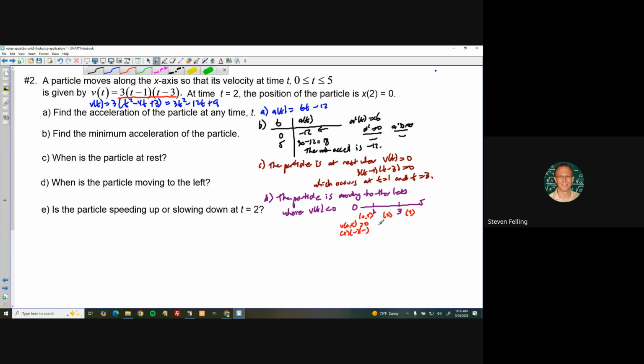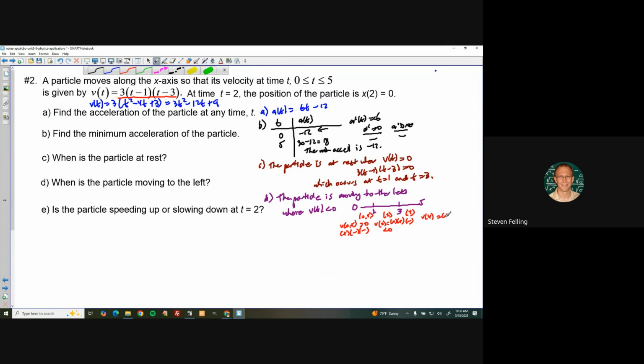And then let's see, the velocity at 2 would be, the 3 is positive. Plugging in a 2 there would give me a positive, but plugging in a 2 here will give me a negative. So that means that this is less than 0 here. And the velocity at 4, everything is positive.